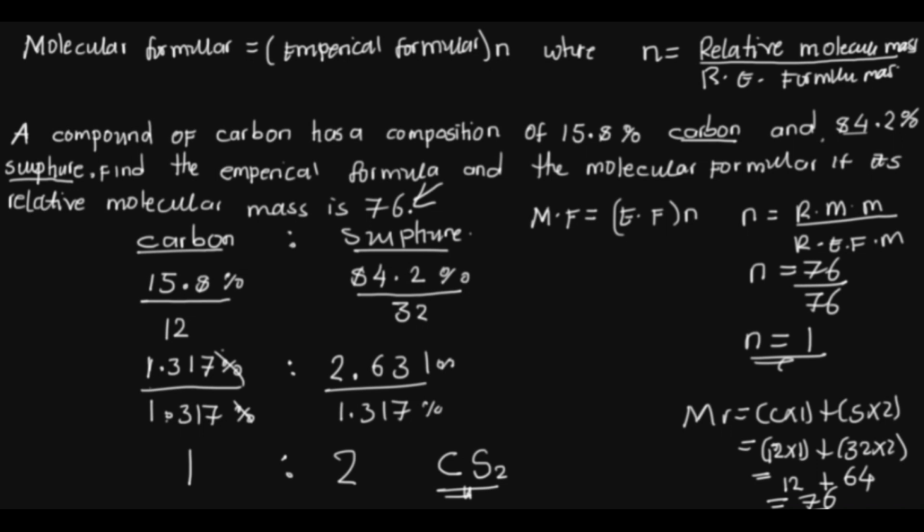In a case where the value of N is equal to 1, the empirical formula will be the same as the molecular formula, because anything times 1 is just the same. So molecular formula is equal to CS2 times 1, which gives CS2. So this is how you can answer a question like this one.